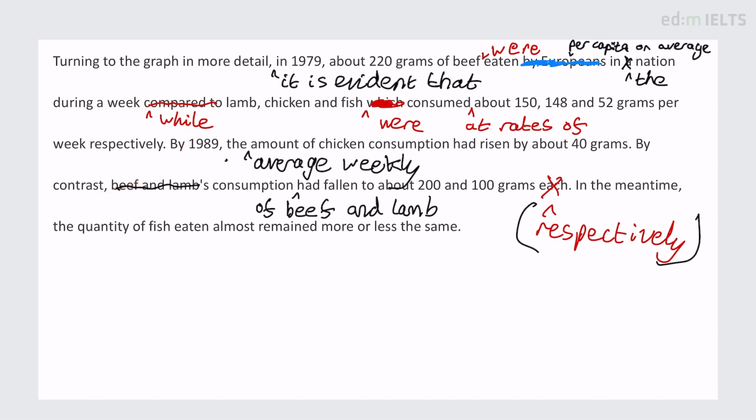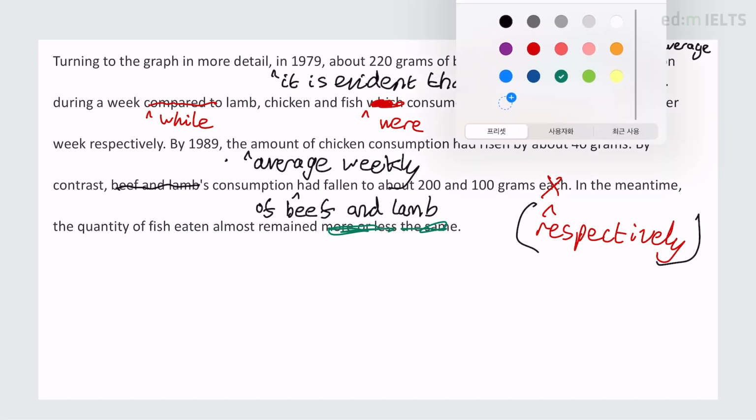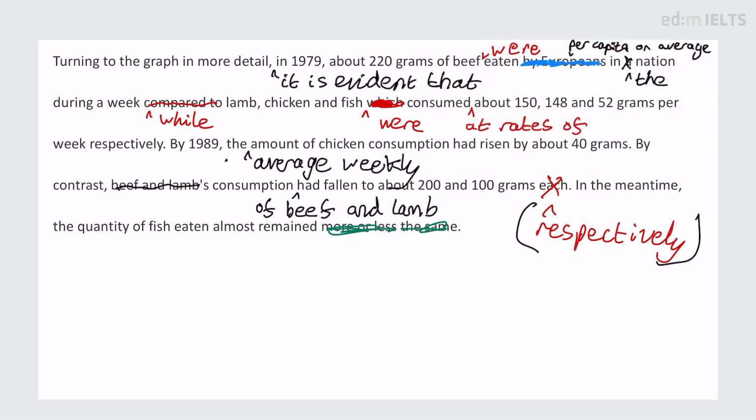In the meantime, the quantity of fish eaten almost remains more or less the same. So it's good that the writer's using quantity here. In terms of style, more or less means approximately, but it's more speaking style, so it's a stylistic issue. It's an issue with what we call register, which is how formal or informal the language is. And it does stand out because the writing style has been very appropriate in terms of the register so far.